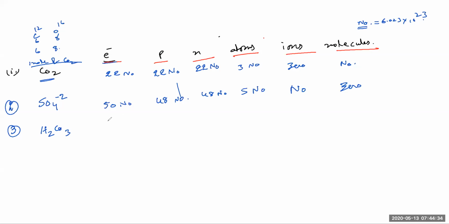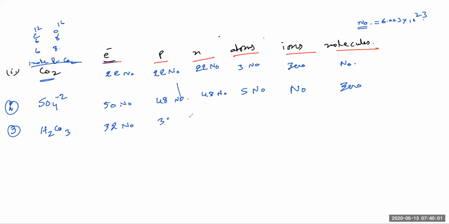Hydrogen, 1 electron, 2 hydrogens, that means 2. Carbon, 6. 2 plus 6, 8. Again, oxygen, each oxygen 8 electrons. Here 8 into 3, 24. 8 plus 24, 32. So total 32 Avogadro number, 32 moles of electrons. And at the same time, protons also 32.